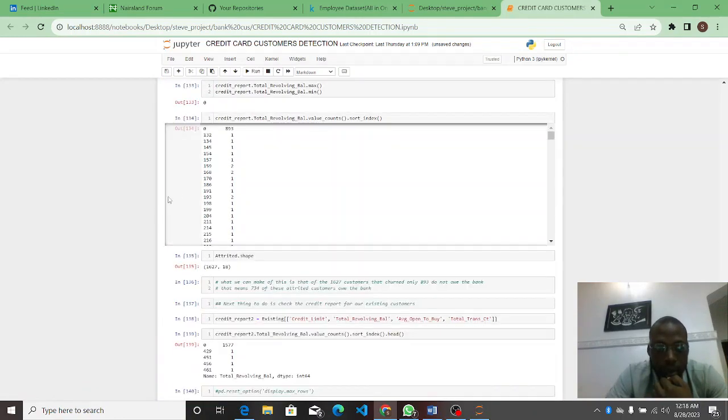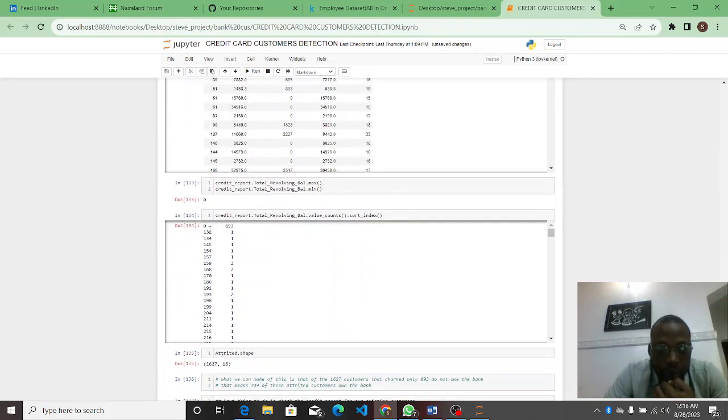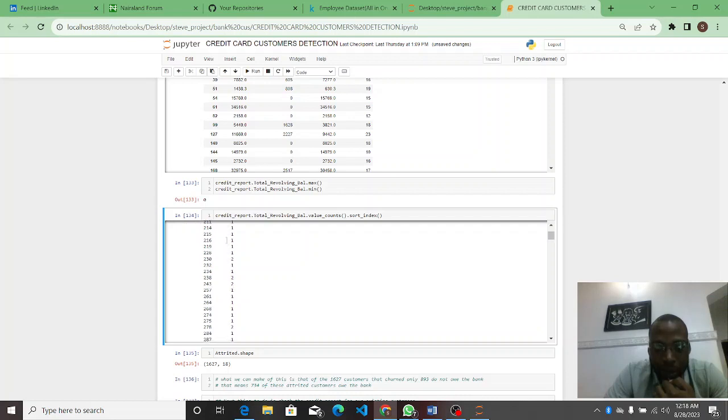Okay, so this is what I'm talking about over here. You can see that we have 893 individuals that do not owe the bank, but that doesn't mean others do not owe the bank. We can see that there are some people that owe. There are some people that owe $154.